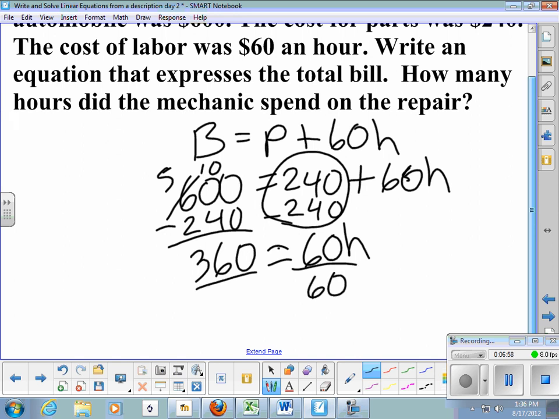We divide how much the labor was by how much per hour. A trick is to cancel those trailing zeros so we don't have to use a calculator. 36 divided by 6 is 6. So the mechanic spent 6 hours on that vehicle. 60 divided by 60 is 1. That's why we divided by 60 to get h equals, the number of hours equals 6.